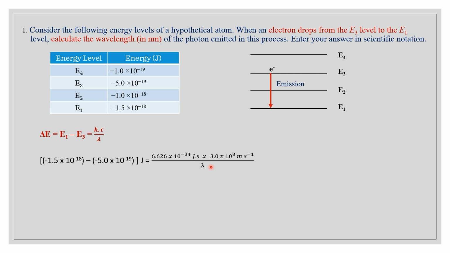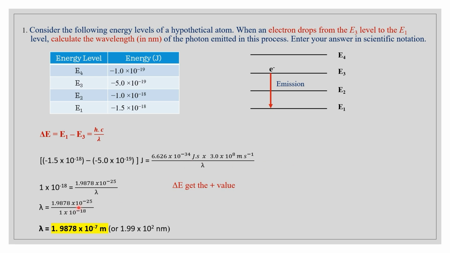Only one unknown in this equation. After you solve this, you can find lambda in meters: 1.9878 times 10 to the negative 7 meters.